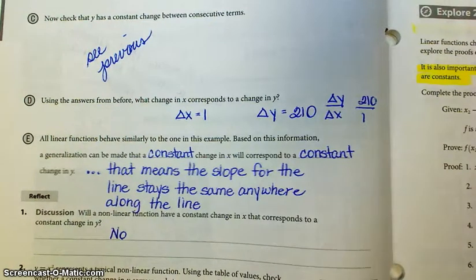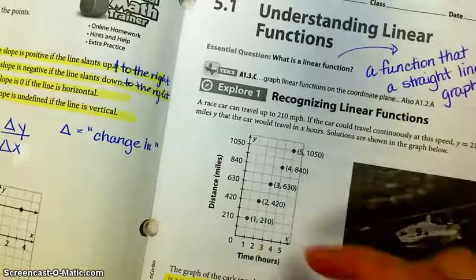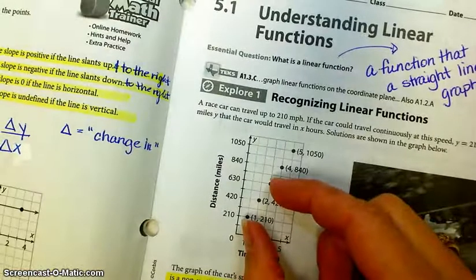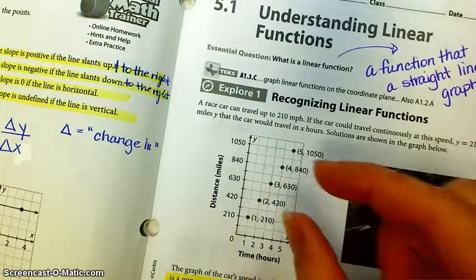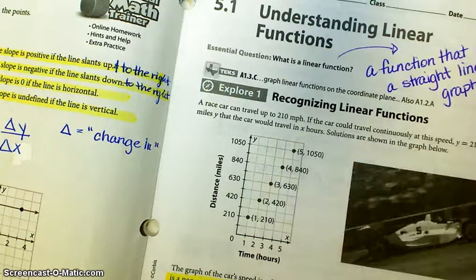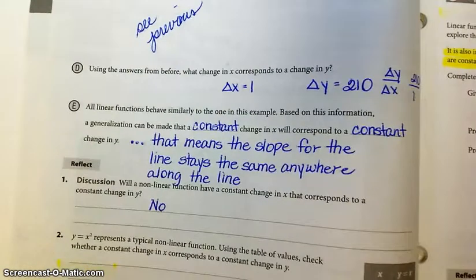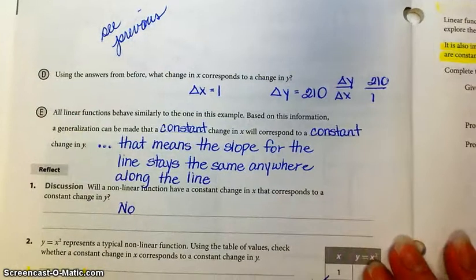Okay, so going back, I know they didn't connect the points and they could have, but if I take this section and calculate the slope, I'm going to get the same slope as if I took this section, because the slope of the line doesn't change. It doesn't change because it's a linear function, meaning it makes a straight line.